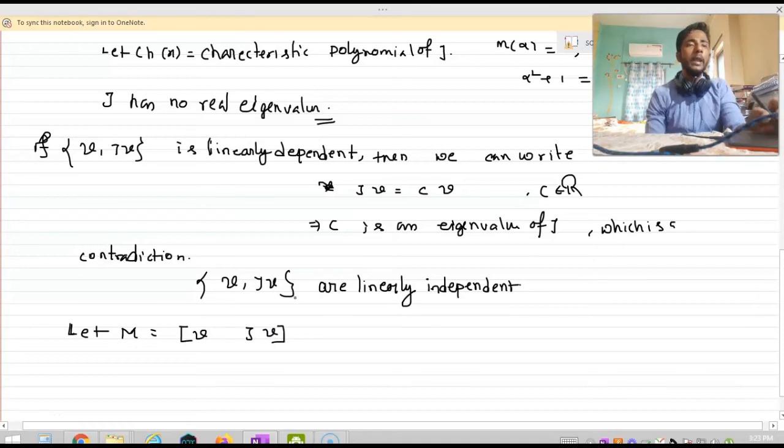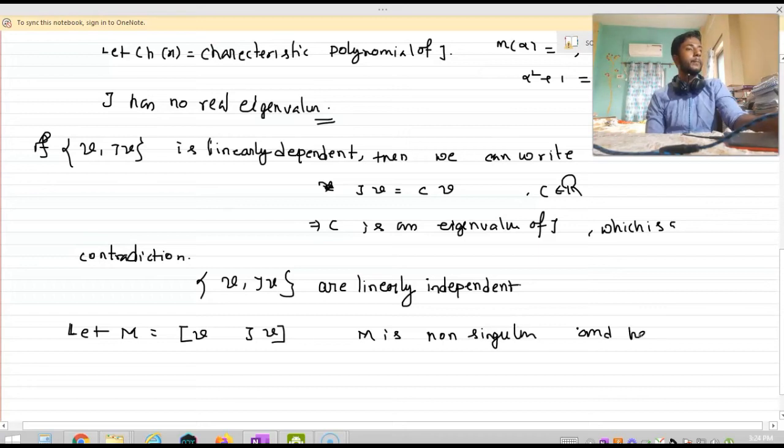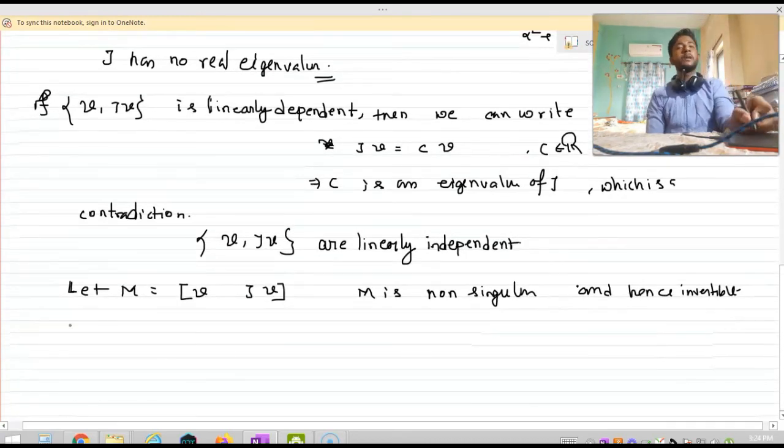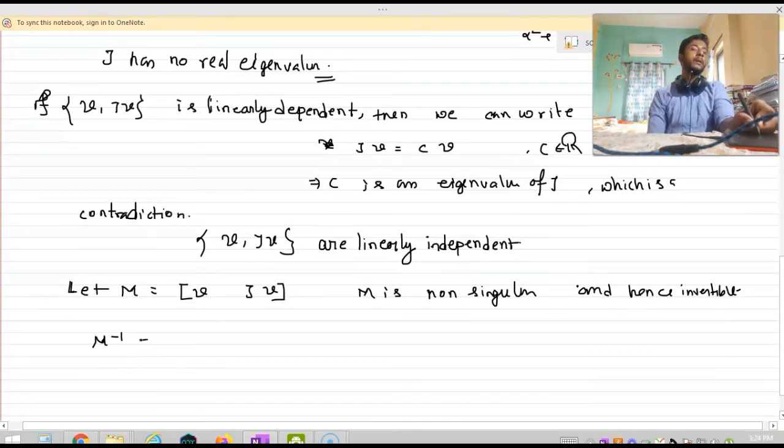As V and JV are linearly independent, we can say that the matrix M is non-singular, and hence invertible. Now, as M is invertible, we can find the inverse of M. We are calling M inverse U. I am claiming that this is our required U.